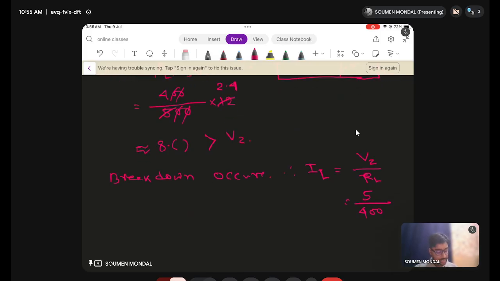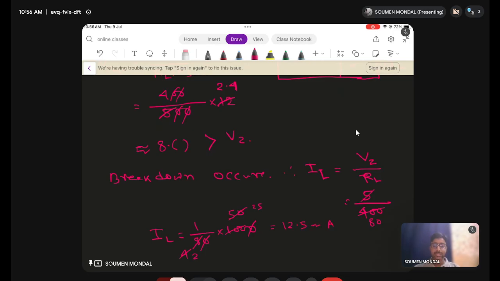This is going to be the current. So it's 1 by 80. Better if I convert it to milliampere, 1 by 80 into 1000, so it is around 12.5 milliamp.